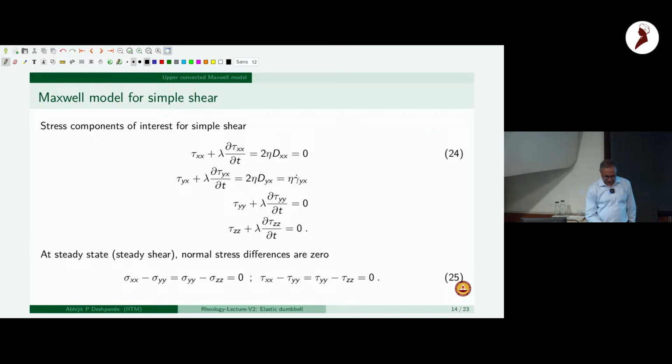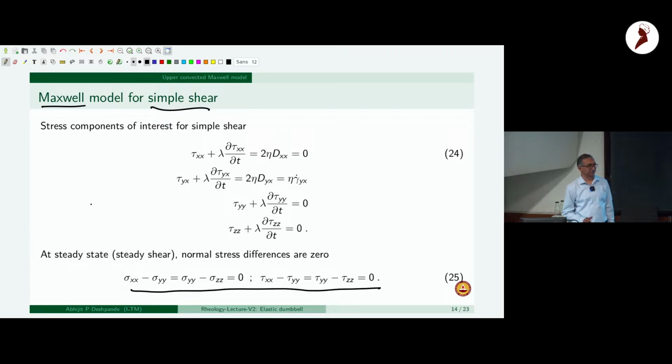If you look at just the trivial case, the Maxwell model in simple shear will give normal stress differences of zero, because this is a linear model and the Maxwell model does not really account for any elasticity in a steady simple shear flow.